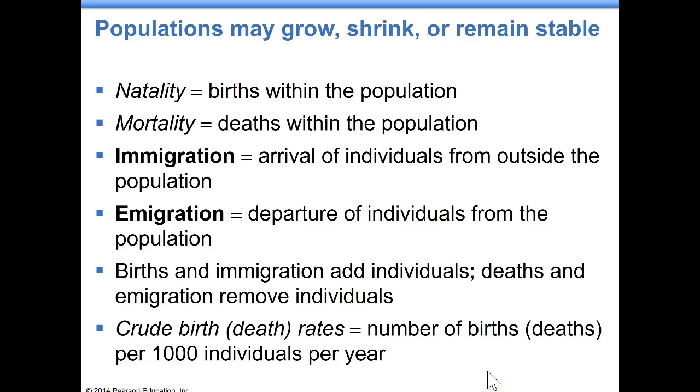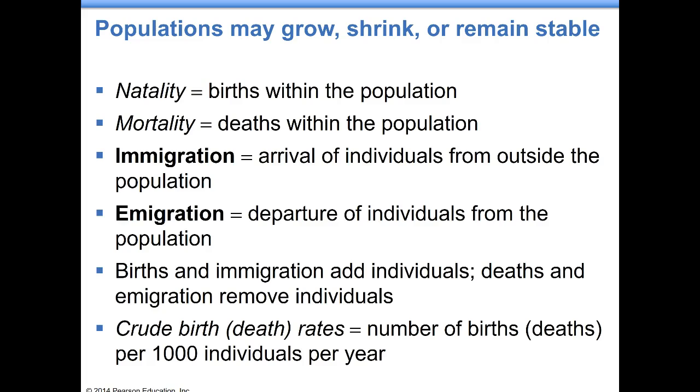They will look at how populations grow and shrink, or whether they remain stable, based on natality, which is the number of births within that particular population. So that's the birth rate, or mortality, which is the death rate within that population. How many deaths are they going to have?